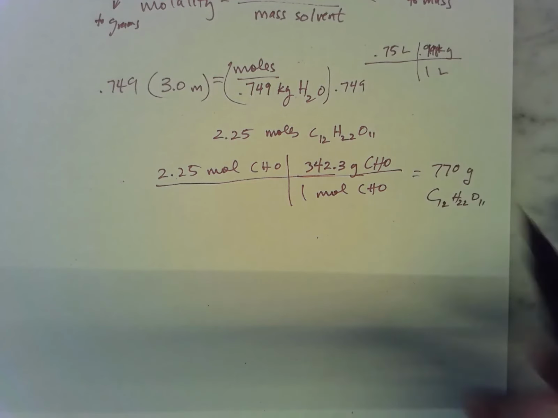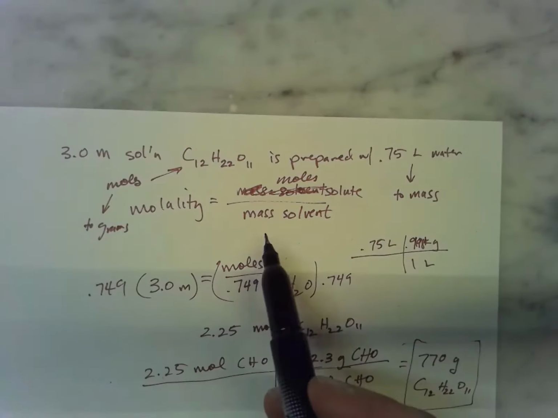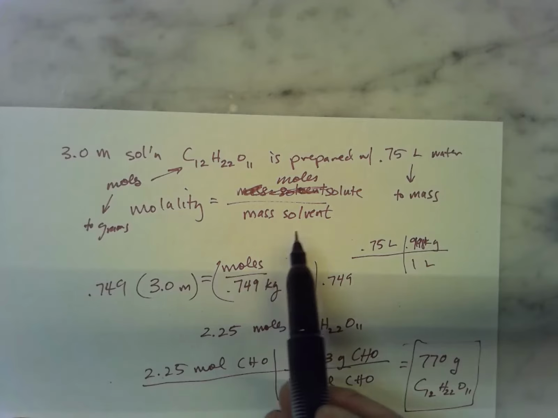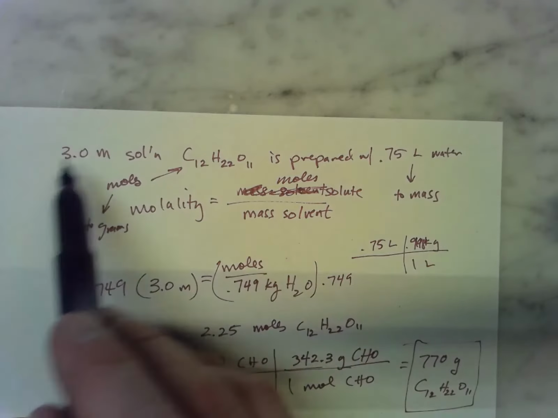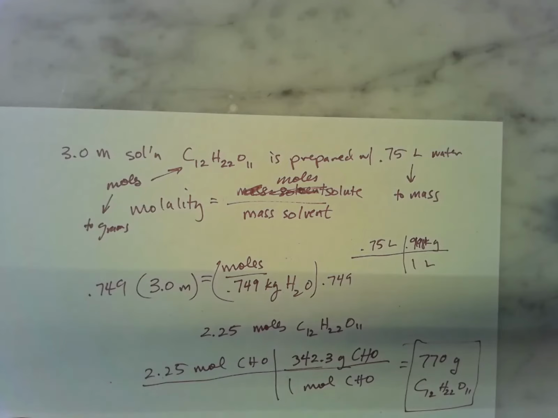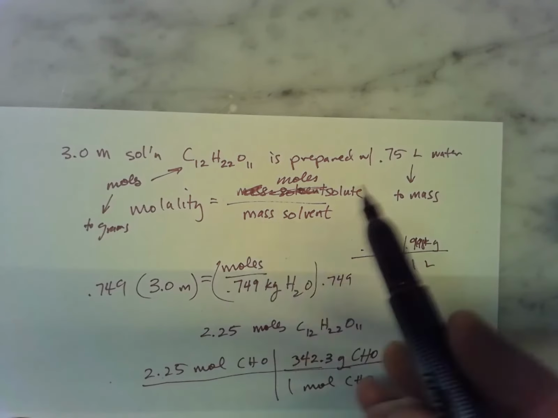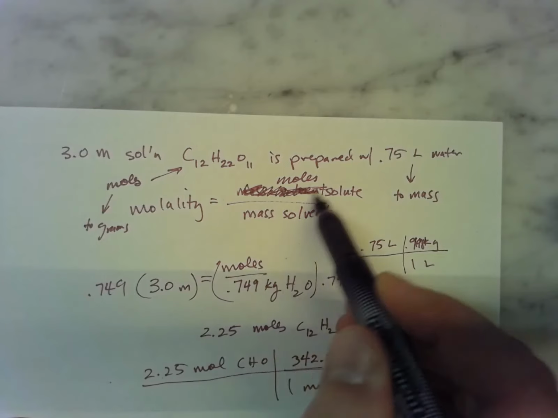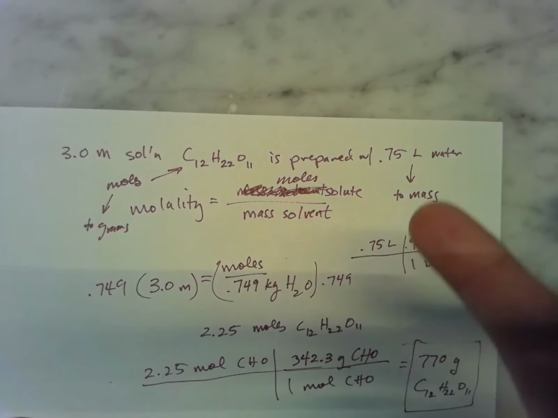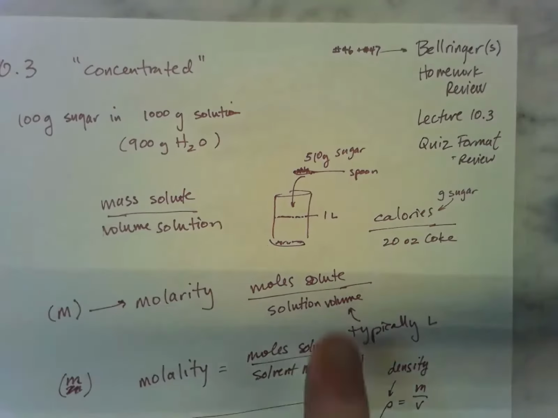So basically it all comes back to knowing this and then figuring out how to plug these values into there. Make sure you know those equations, like it appears that I don't. And just be careful. One is moles of solute over mass of solvent, and one is moles of solute over solution volume.